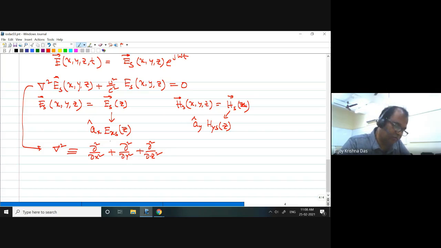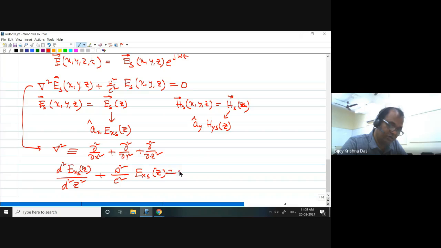So knowing the information that the electric field is only z dependent, this can be reduced to a simple differential equation, d2 Exs(z) over dz2, right? And then plus omega, angular frequency, omega over c square, times Exs(z) equal to 0.